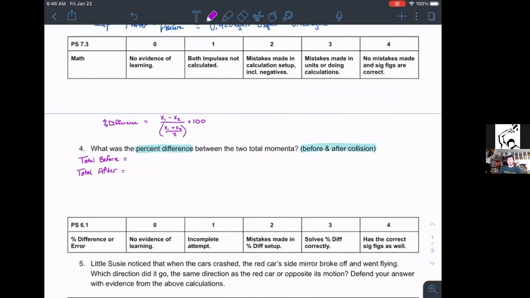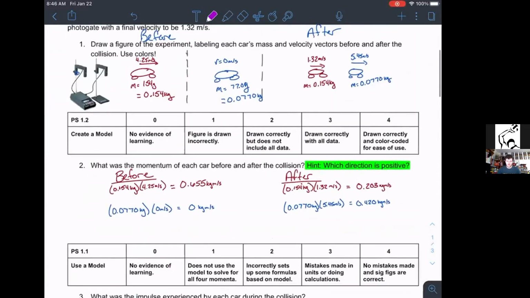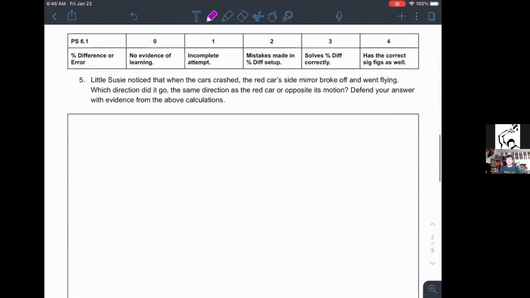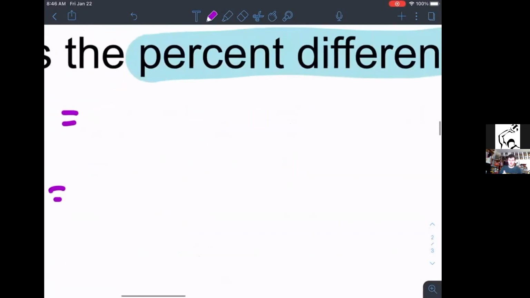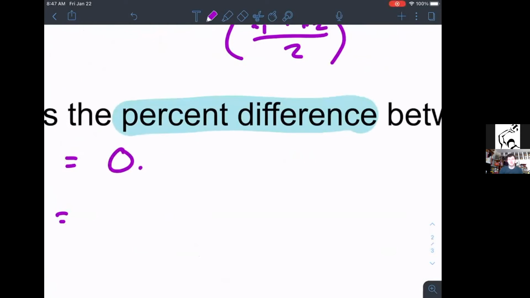So if we're doing that, we are going to take our values from up here. So we have 0.655 plus our 0, and that is just going to give us our 0.655 for our total momentum before, because only the red car had momentum before.